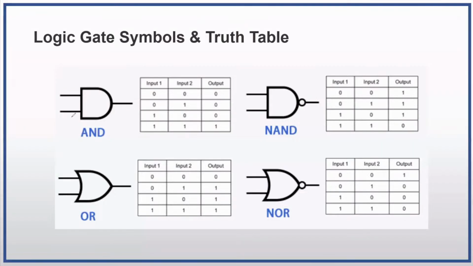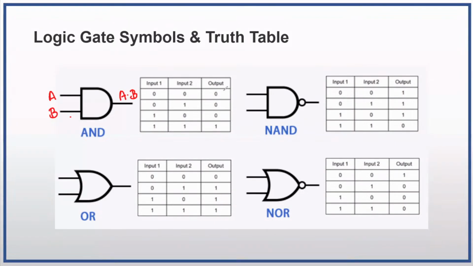In this case, that you can see there, you can give two inputs, A and B. And in the AND gate, you get the result A dot B. As there are two inputs, you can have four combinations of inputs.